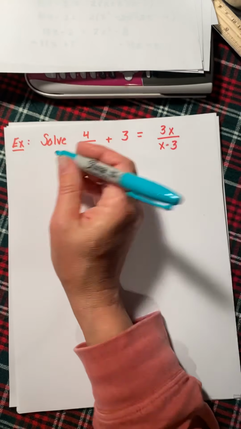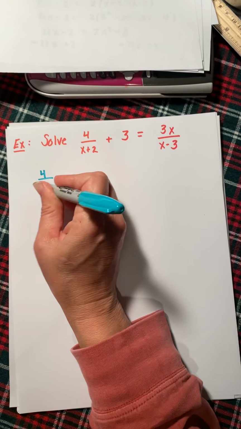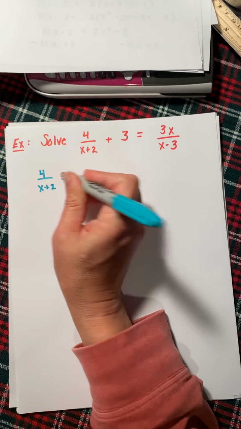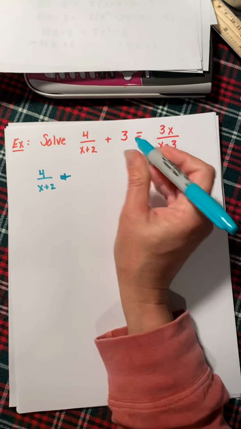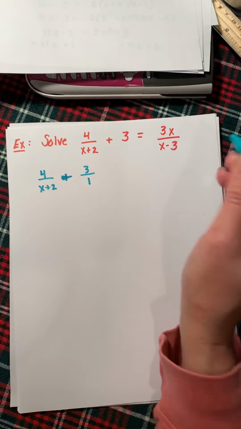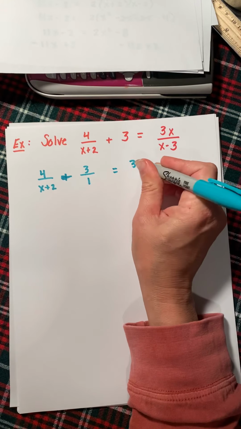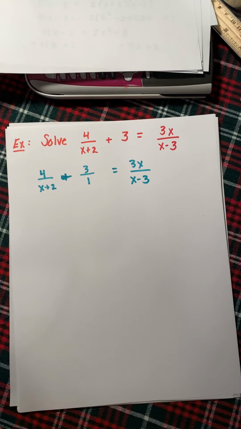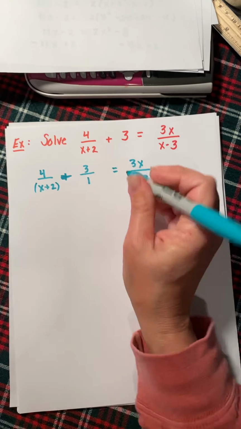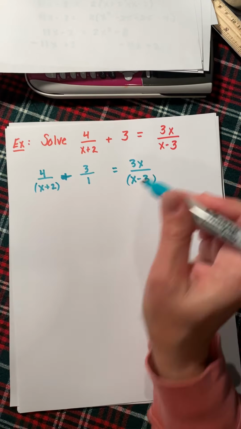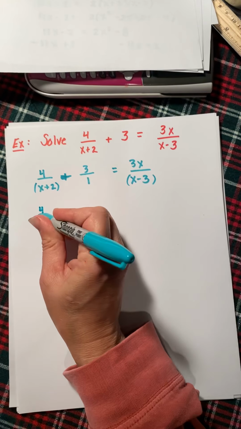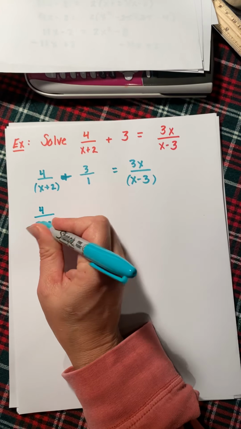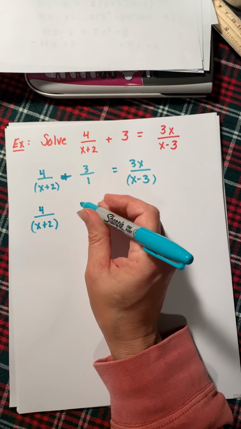All right, 4 over x plus 2, plus, I'm going to turn this 3 into 3 over 1, so I see my rational expressions, x minus 3. So my factors, that one has x plus 2, that just has 1, and that has x minus 3. So this guy needs the x minus 3.